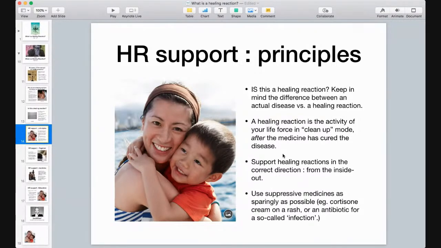So those are the wrong medicines at the wrong time. Sometimes an antibiotic is necessary, but generally not for a healing reaction. So that's the big general principle. You want to support that inside-out direction. I'll get to this in future slides, but the proper direction is from the inside out and not from the outside in, which would just reactivate the disease back to its former status, and you'd be working against what we're doing with the remedies and what your life force is doing with the healing reaction.